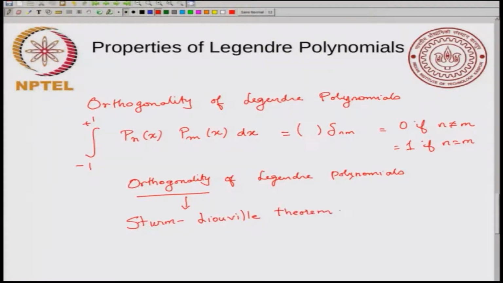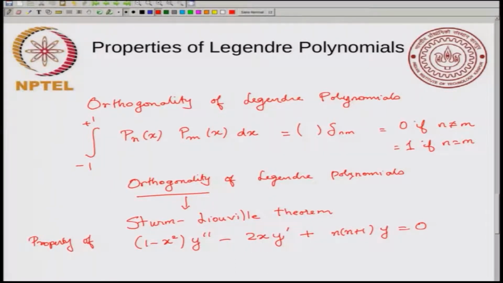It comes directly from the differential equation (1 minus x squared) y double prime minus 2x y prime plus n(n plus 1) y equal to 0. So the property of this differential equation is that the polynomial solutions are orthogonal. That comes from the Sturm-Liouville theorem.